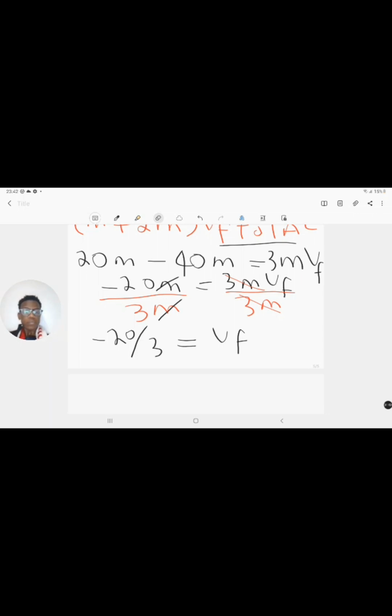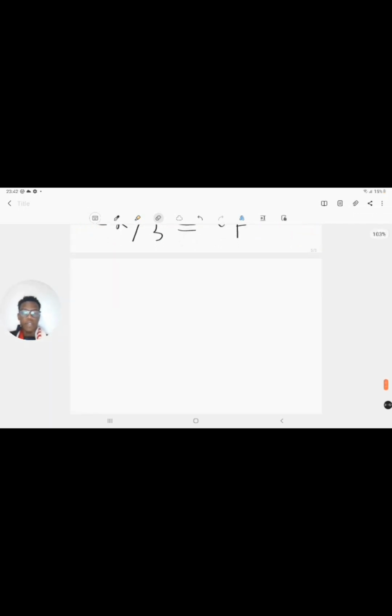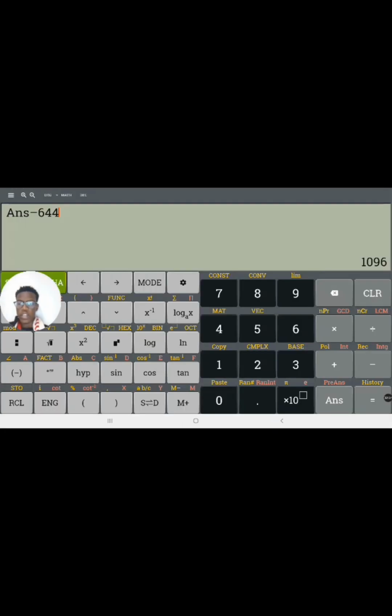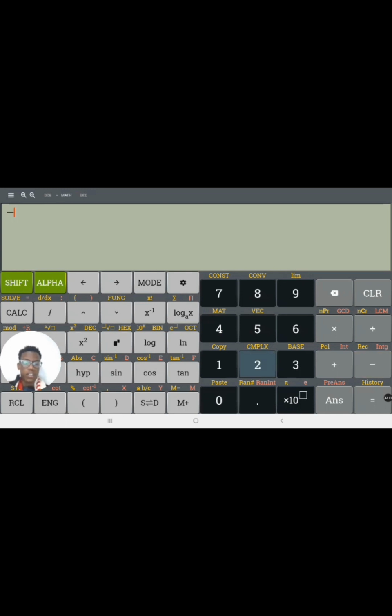Therefore, that's the velocity. VF, the final velocity that the truck car system will be moving, is equal to minus 20 divided by 3. What is minus 20 divided by 3? Let's go to our calculator and see how much that is. That's going to give us 6.67.